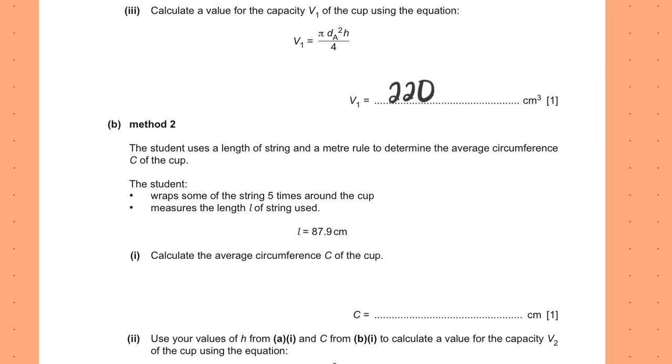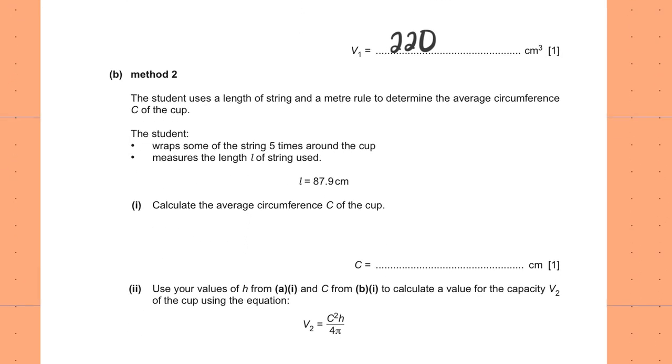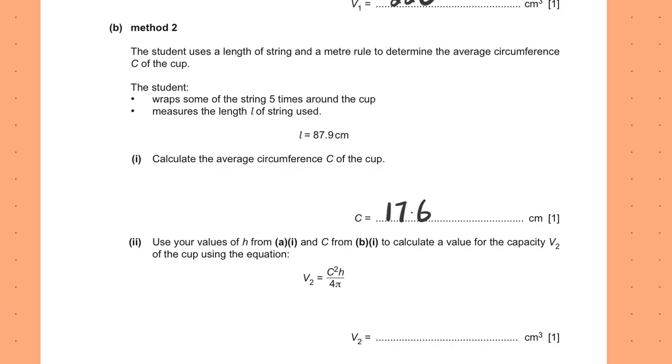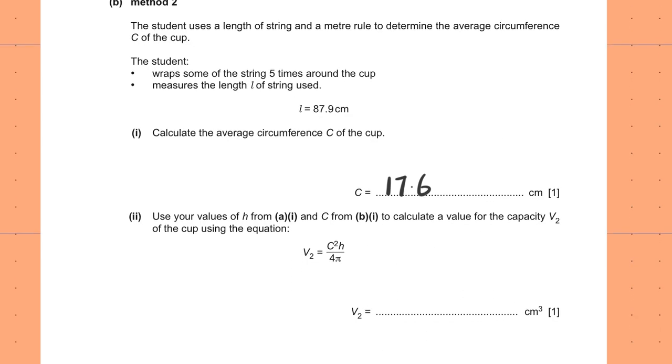Next part, the student uses a length of string and a meter rule to determine the average circumference C of the cup. Wrap some of the string 5 times around, that is 87.9. So one circumference is going to be 87.9 over 5. It turns out to be 17.58 or 17.6. Using values of h from A1 and C from B1, calculate a value for the capacity using this equation.